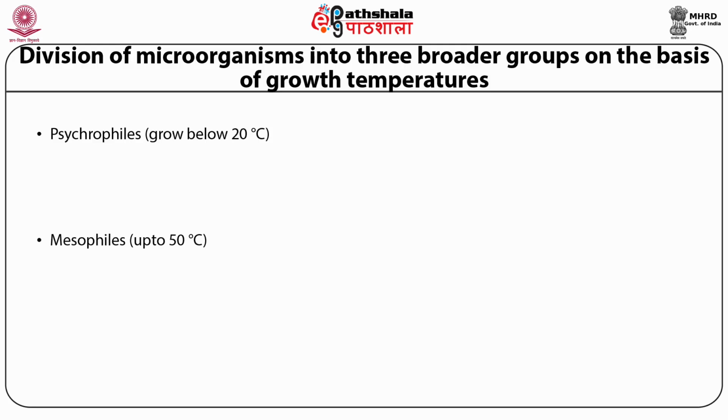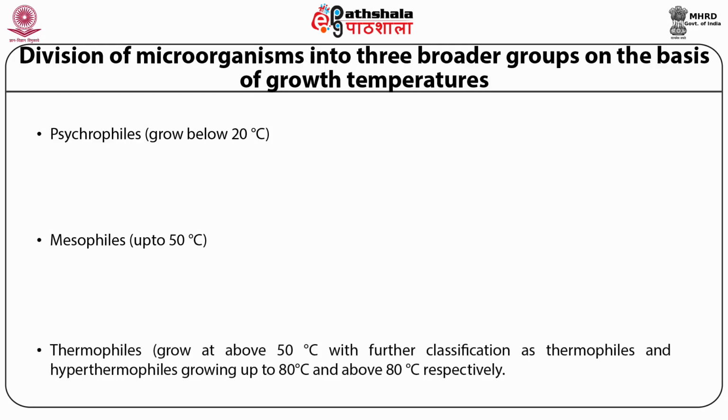And the organisms called thermophiles have their growth temperatures above 50 degrees Celsius. The thermophiles are further classified into thermophiles and hyperthermophiles. The organisms which can grow above 50 degrees and up to 80 degrees are normally called thermophiles, whereas organisms which grow above 80 degrees are called hyperthermophiles.